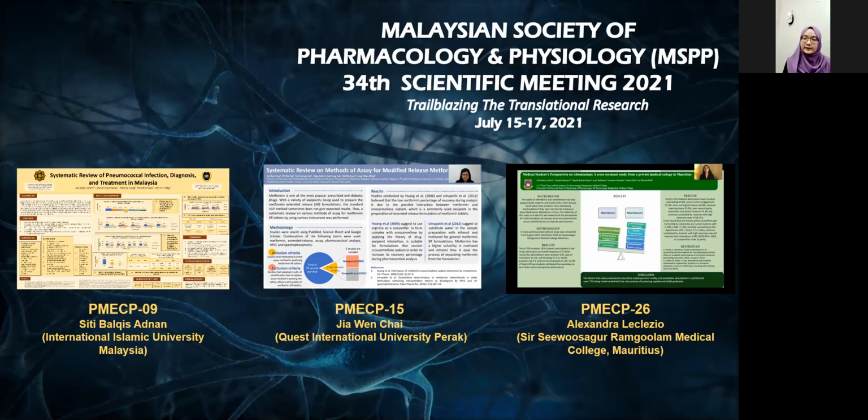From our findings, we found the prevalent serotypes, which are important to know whether the current pneumococcal vaccine in Malaysia can cover the serotypes in Malaysia. And then we found the genetic characterization, the genetic relationship with antimicrobial susceptibility, and also the pneumococcal vaccination coverage, because the implementation is yet to be widely covered in Malaysia.